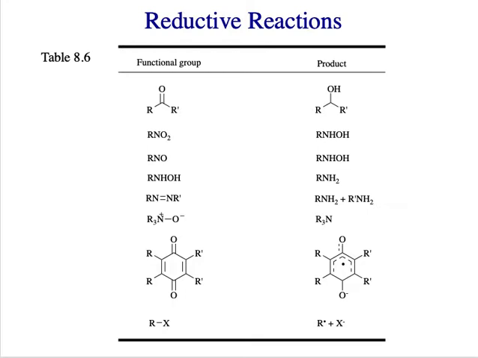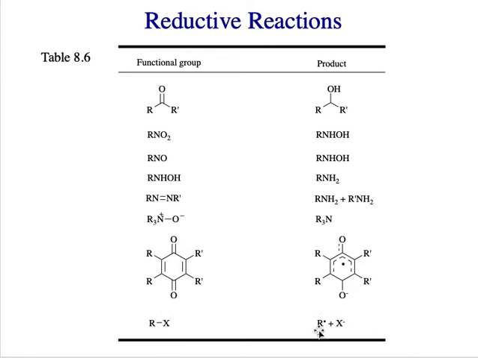Okay, so there's a number of reductive reactions that happen during drug metabolism. So again, we have ketones going to alcohols and nitros being reduced. Diazo bonds are broken. N oxides are reduced back to the tertiary amine or tertiary amide.